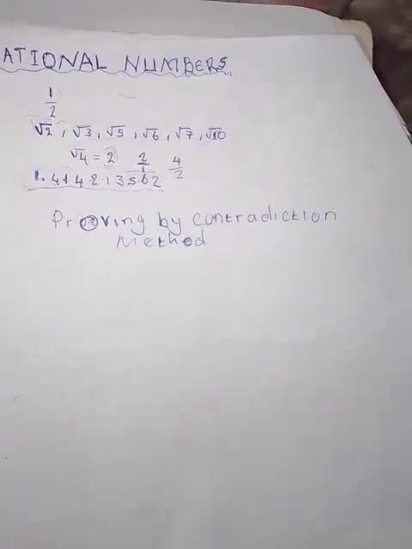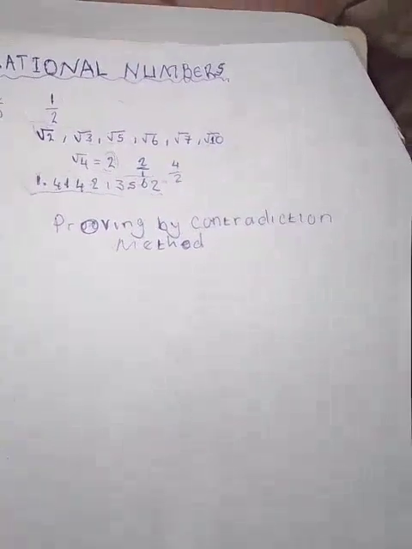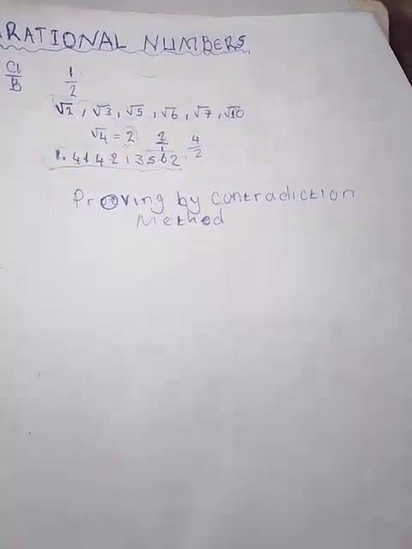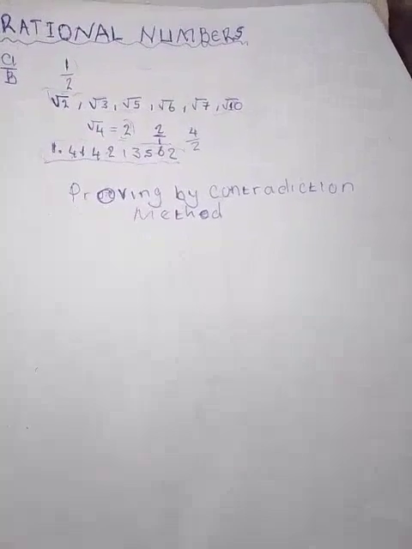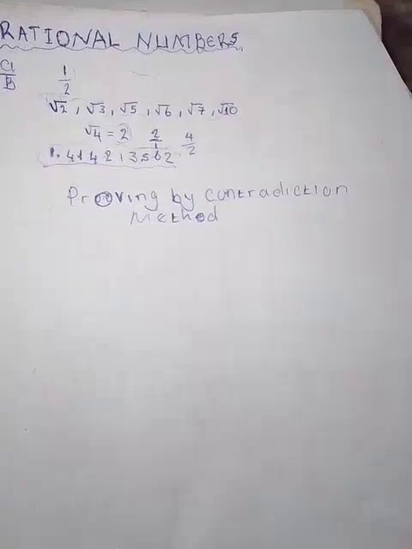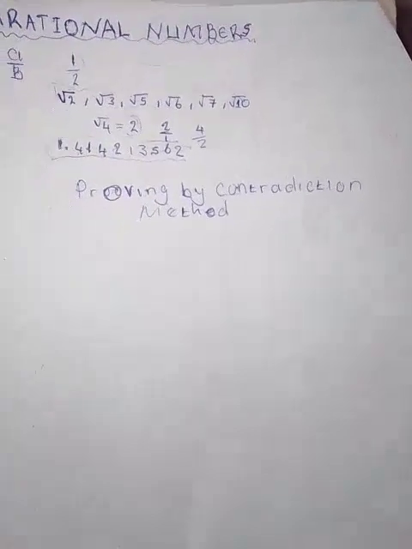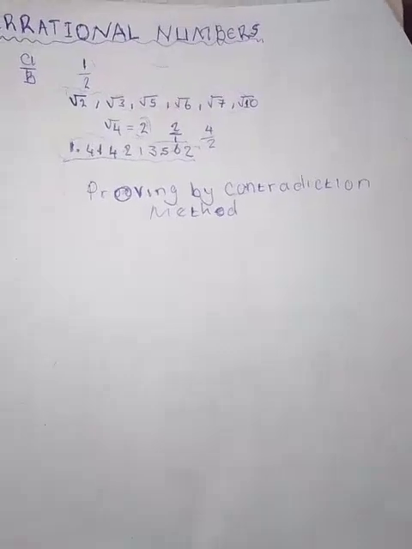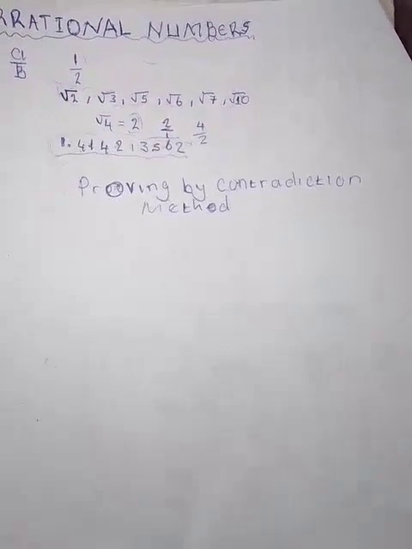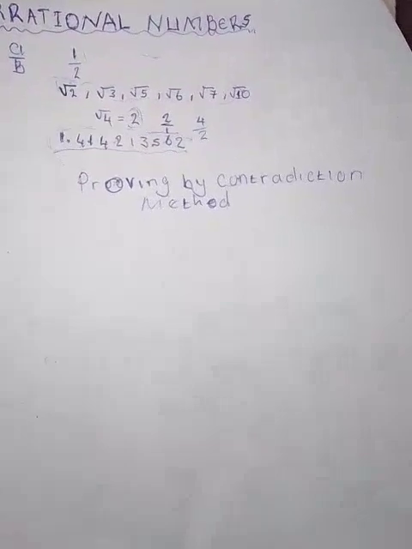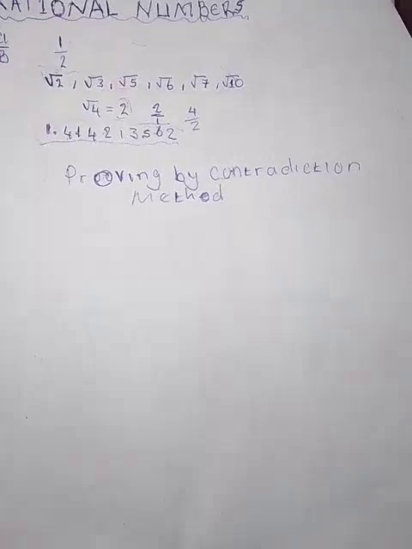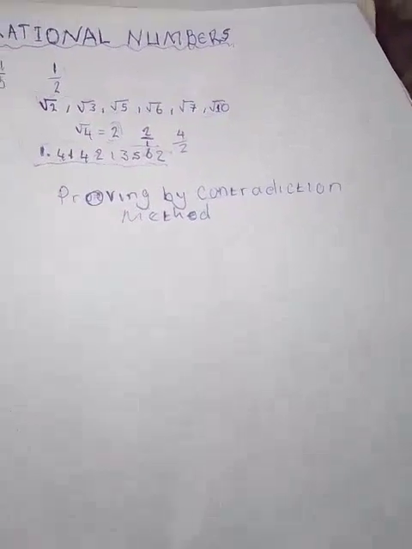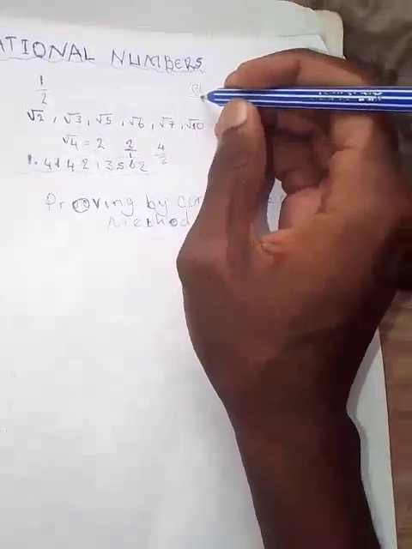It's like you go against a statement, saying no, this is not true. Exactly. So now they'll be giving us some numbers and they'll tell us to prove that they are irrational. Since they want us to prove that they are irrational, it means they have confirmed that they are irrational. They just want us to prove it. So since we are contradicting, we are going to go against them, saying no, this is not irrational. We are going to assume that each number they give is rational, meaning we'll be assuming that it can be left in this format, a over b.